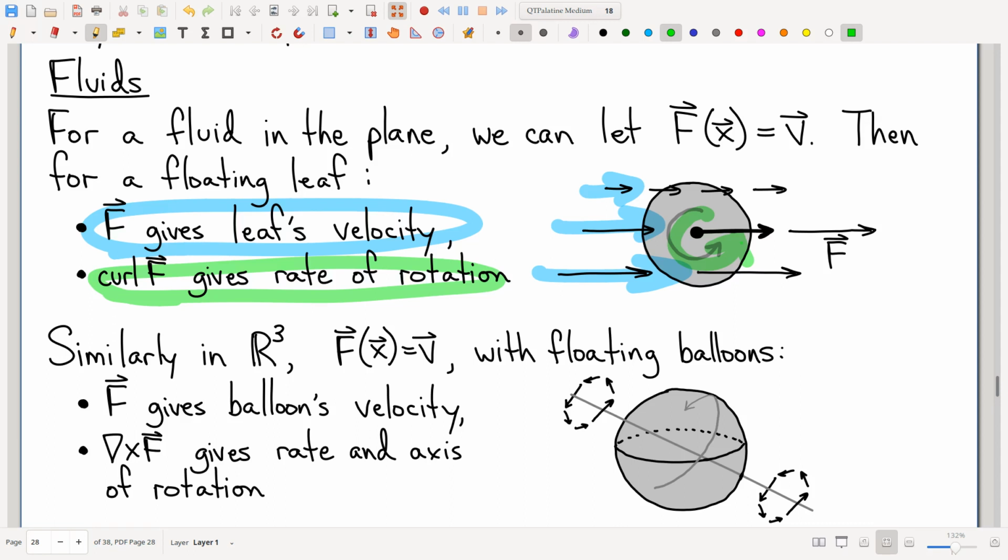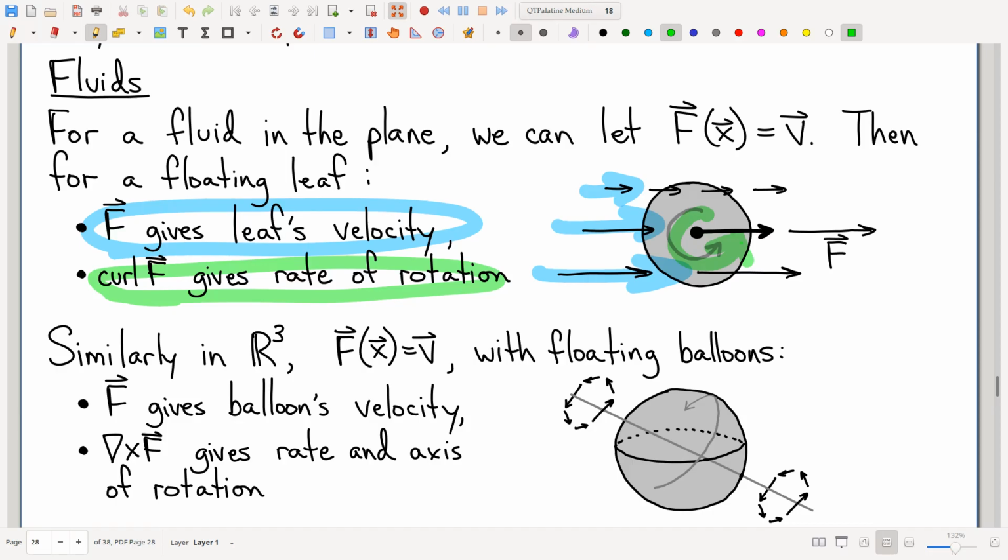And I like this example because this contrasts with this false idea that curl is about flow lines. It's not about flow lines. It's got nothing to do with flow lines. It's about how leaves floating in that fluid will be rotating as a result. It's about the rotation of the fluid, not the curvature of the flow lines.